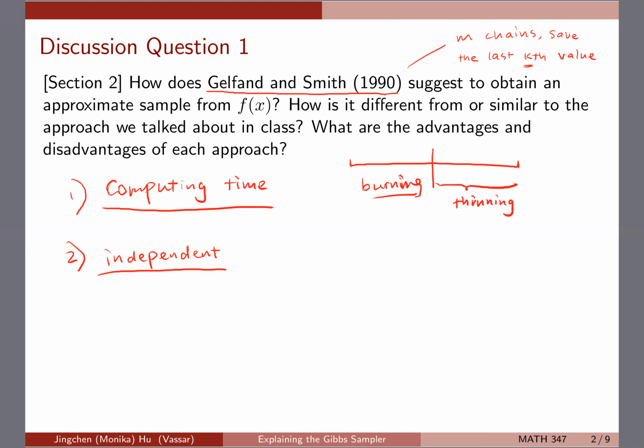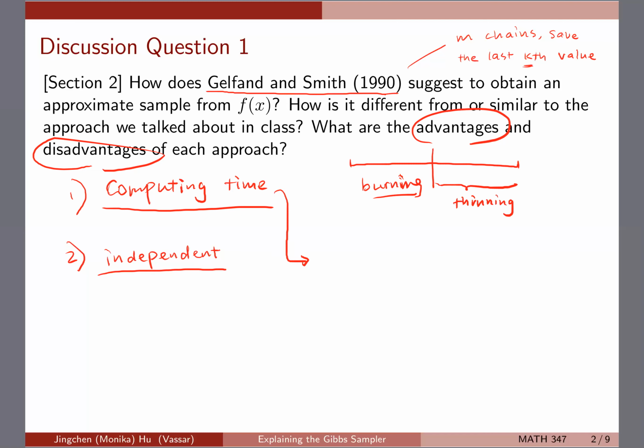So now if we move to the advantages and disadvantages, anybody wants to talk about it? Either just the approach from Gelfand and Smith, or our approach, or just compare them directly. Yeah, we were saying how the computing time would be a lot longer with Gelfand and Smith because it's kind of taking our approach and doing it 500 times, or however many observations you might get.